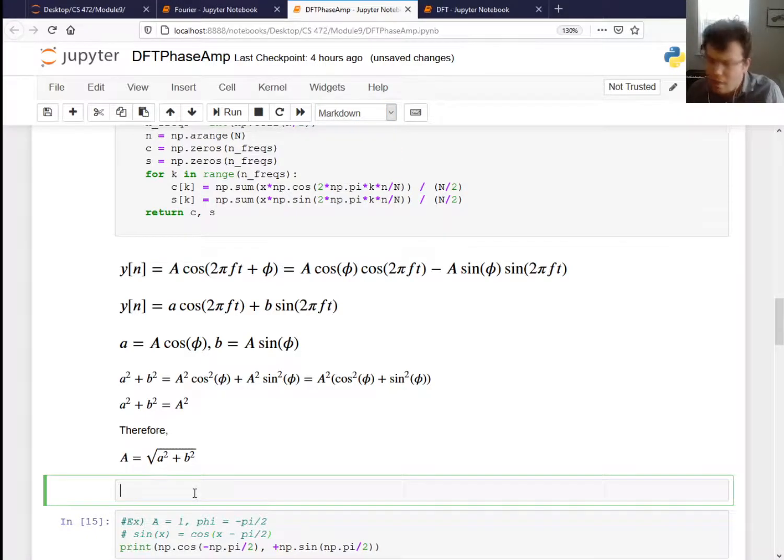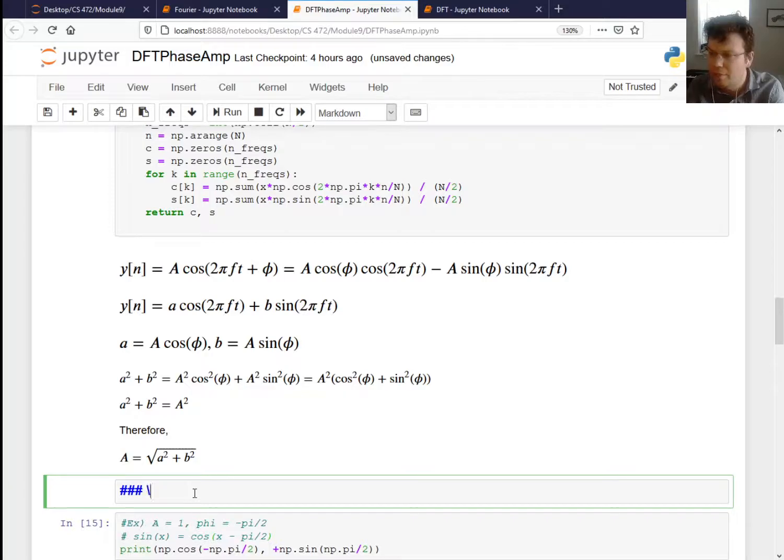So I'm just going to write the formula, and I think you'll see, we can look and see it's true. So the phase can be written as the inverse tangent of b over a.